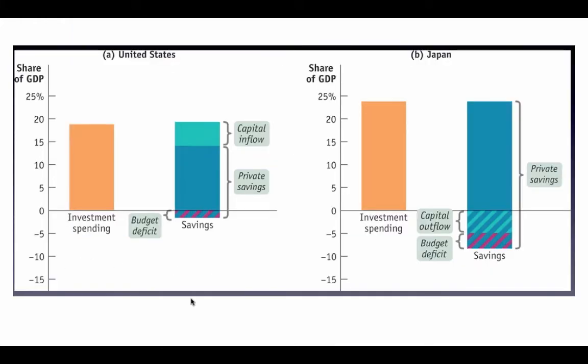Here's another way of looking at it. Here we have Japan as our example, and Japan's a relatively high savings country, just like in our example Germany is running a surplus with the US. Japan in this example, this is some old data probably, is running a trade surplus with the US running a trade deficit. And so you can see now, like I said, you can think of that whole relationship just in terms of savings and investment. And the flip side of that is really the trade balance or the current account balance.